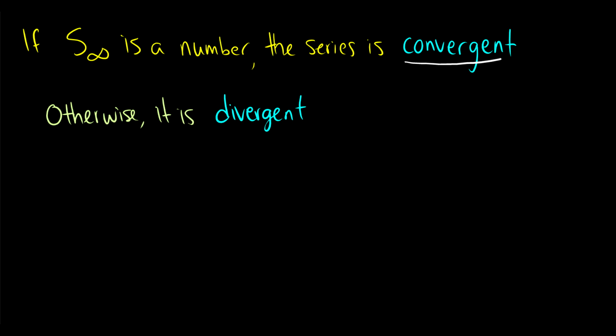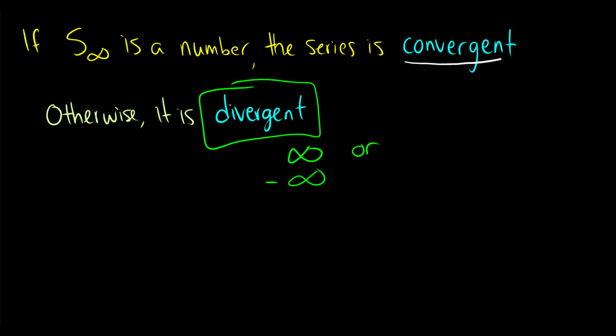Now, the main topic in calculus is really not solving for numbers, but saying, is it convergent or is it divergent? So divergent means that it goes to infinity or negative infinity. If it goes to one of those, it's divergent.